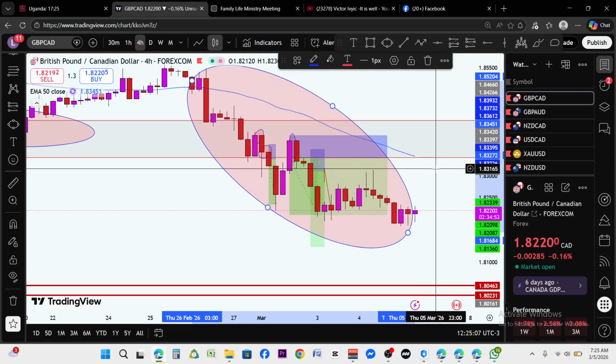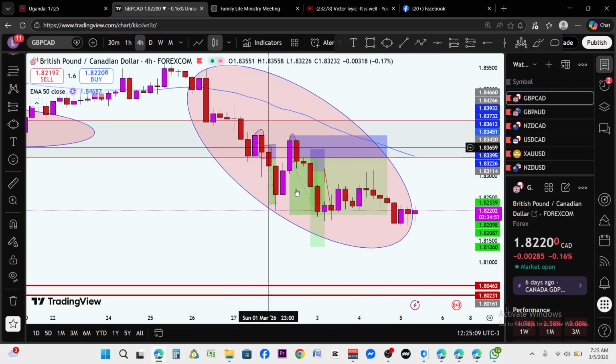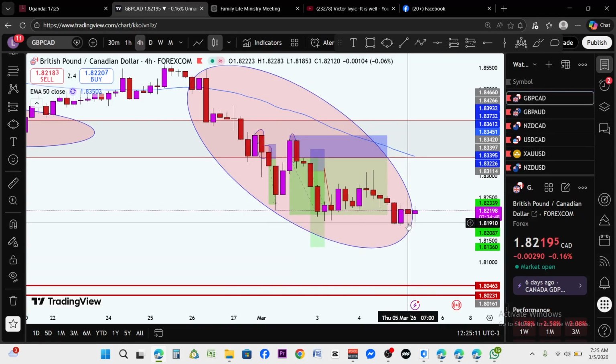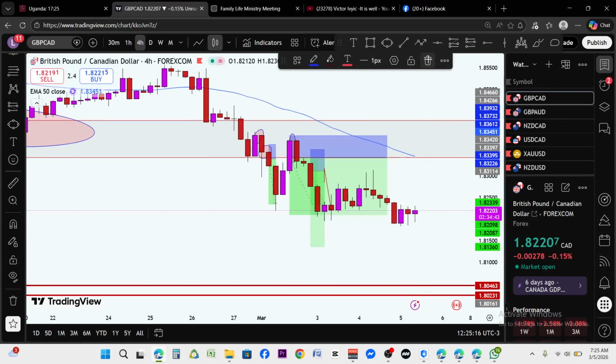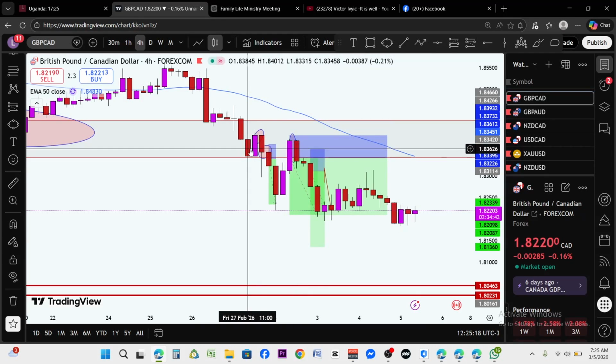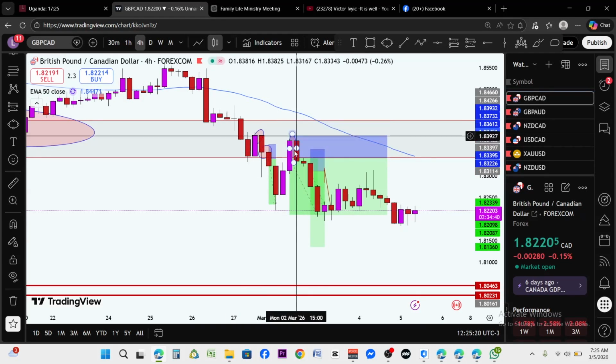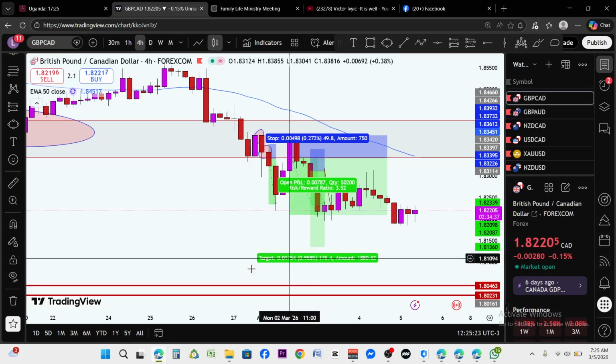Where is this market heading to? I found that this market is heading bearish, as a downtrend market. Then from there I mark my zone here. Then the market pulls back, gives me my entry signal, then I enter.